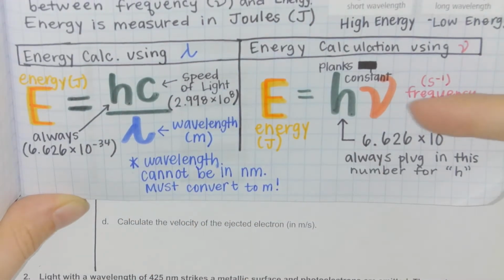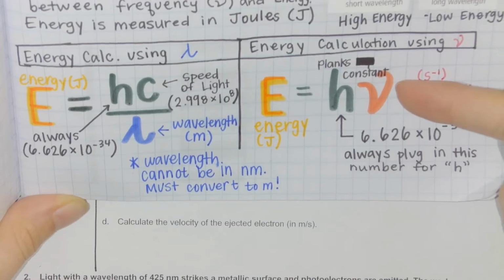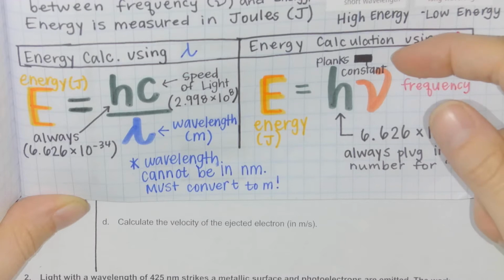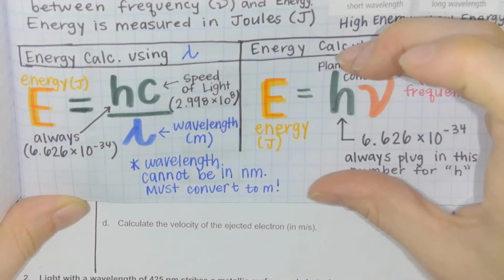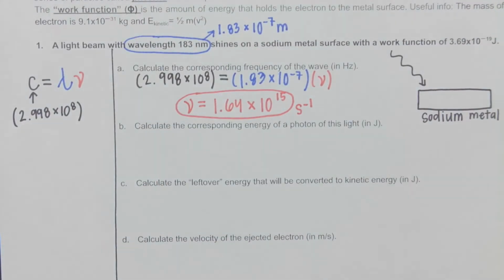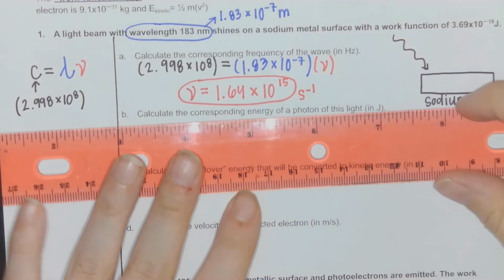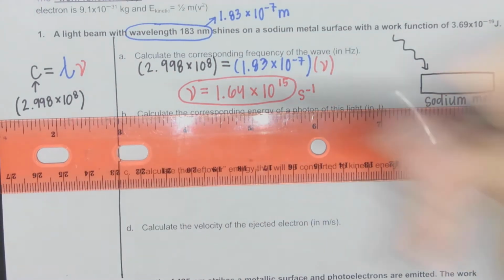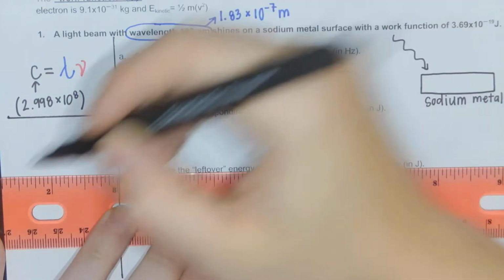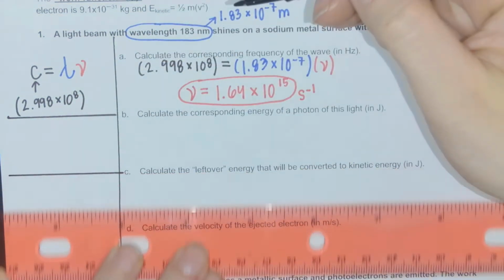Either one's fine, but since we already calculated the frequency in part A, let's just use this equation in part B. So copy, paste the equation here in part B. Again, I'm gonna do this and try and keep each part very, very separate from one another.